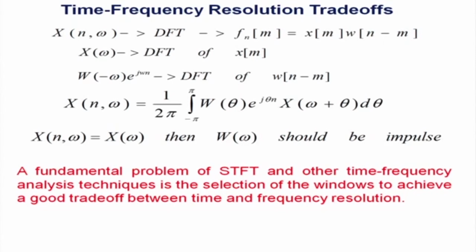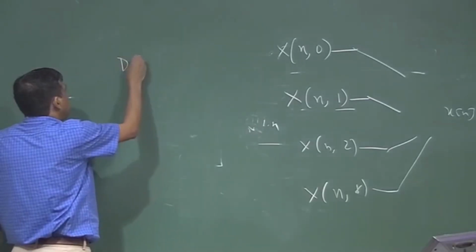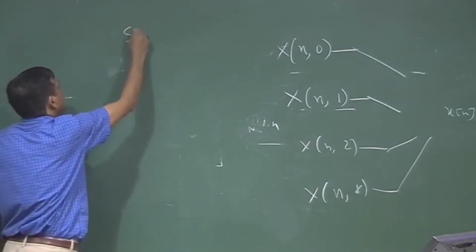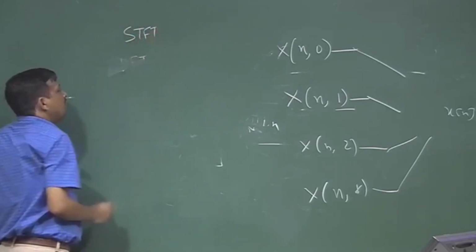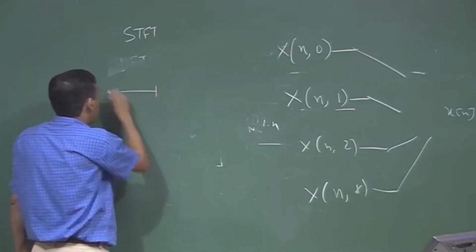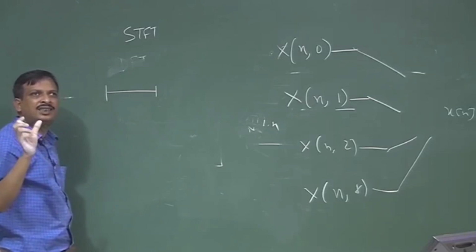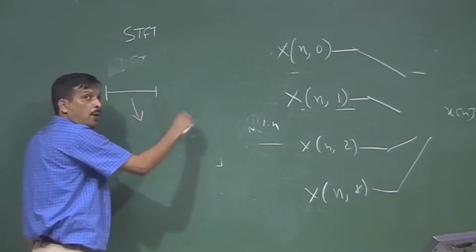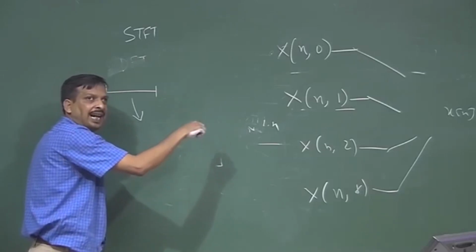If you see any DFT or STFT analysis, there are two words. One is called time. I have taken a small segment of the speech signal and applied a frequency transform with a number of bands, that is k.